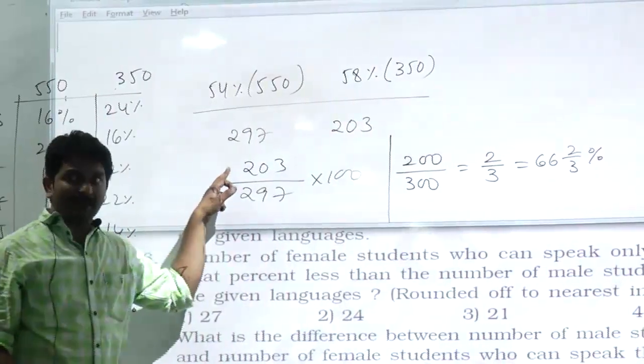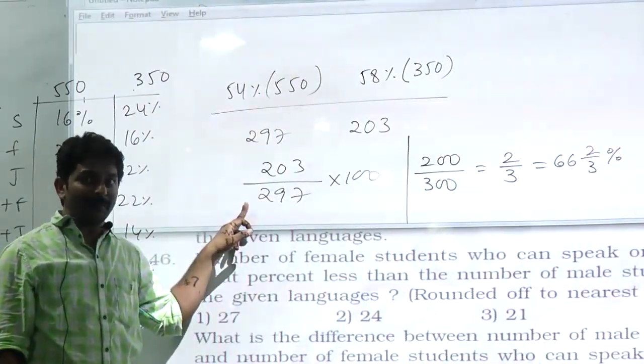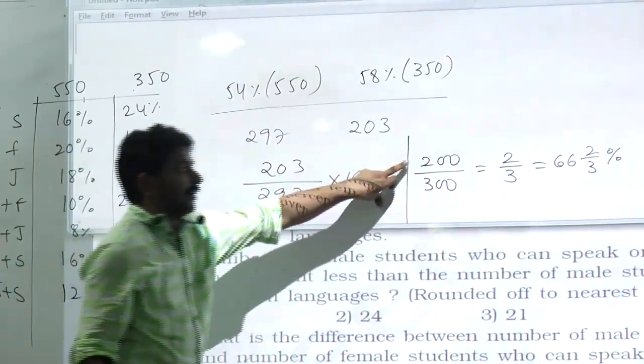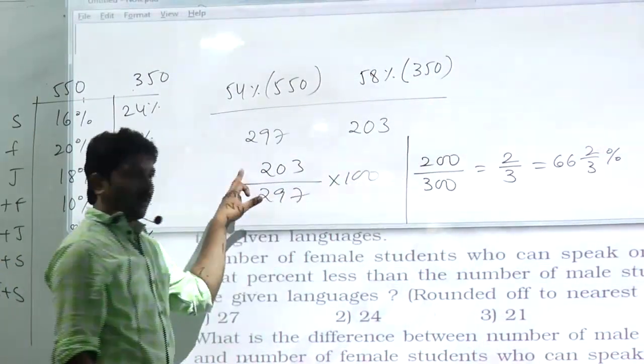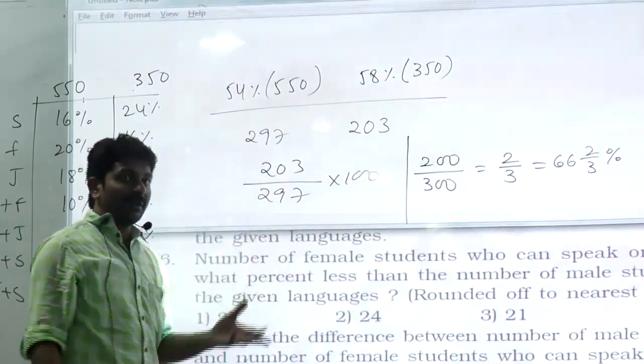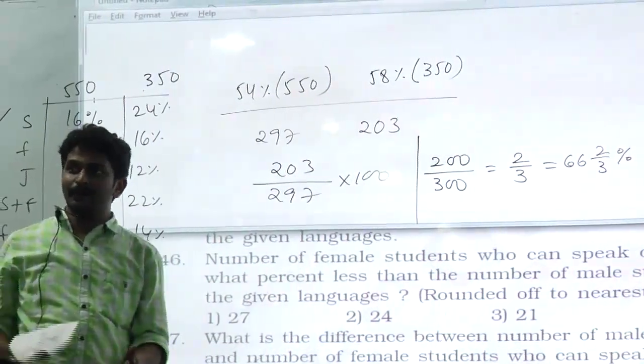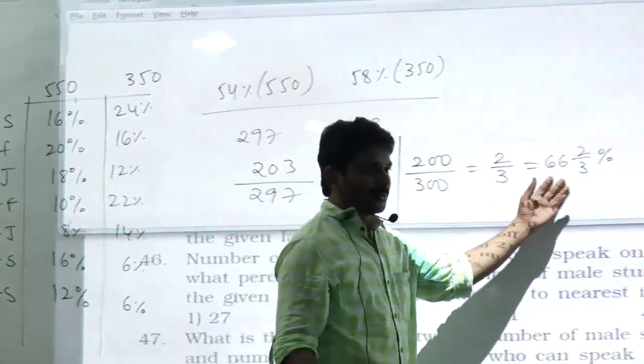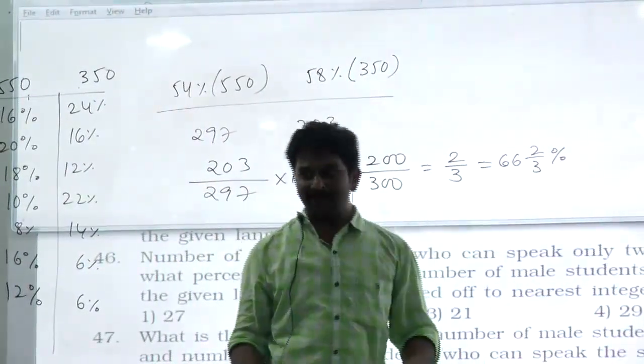Our numerator is cake quantity and denominator is number of people. Compared with 200 we have more quantity. Compared with 300 we have less number of students. Will you get more quantity or less quantity? Answer should be more than 66 2 by 3%. With that reason you can eliminate 64.